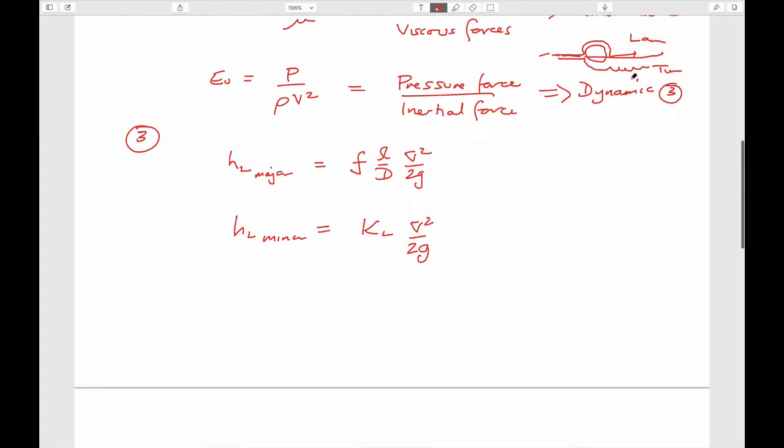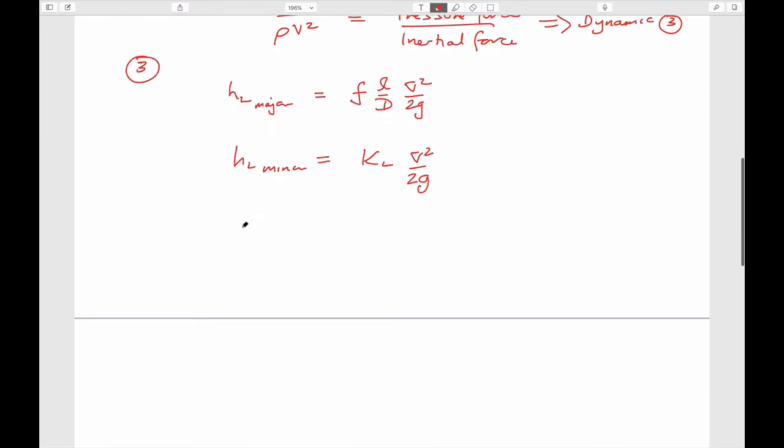And I did say one of the solutions requires us to remember conservation of linear momentum, and we know that the sum of the forces in any particular direction, it's a vector rather, is equal to the mass flow rate multiplied by the velocity. This is a scalar, this is a vector.